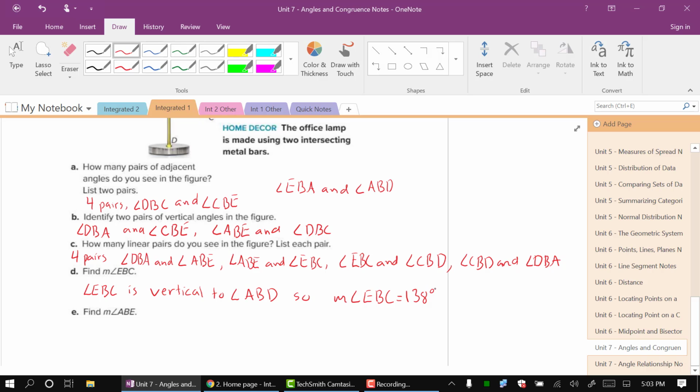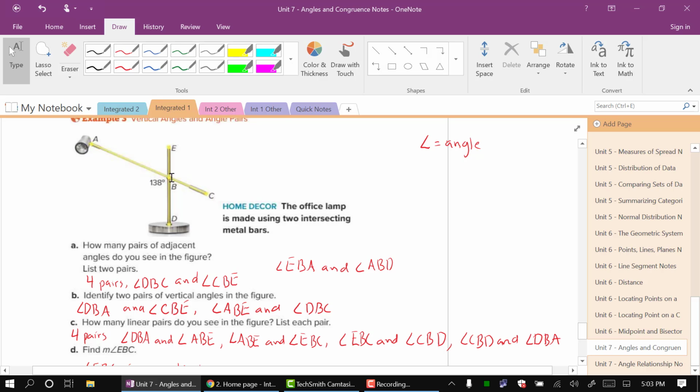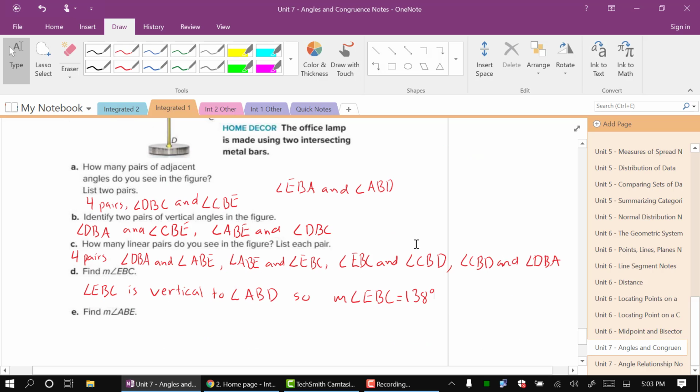And then we want to find the measure of angle ABE. Well, if these two make a straight angle, which has a measure of 180 degrees, we would do 180 degrees minus 138 degrees, which would give us 42.